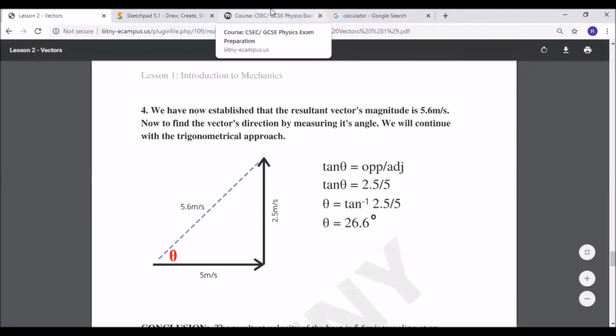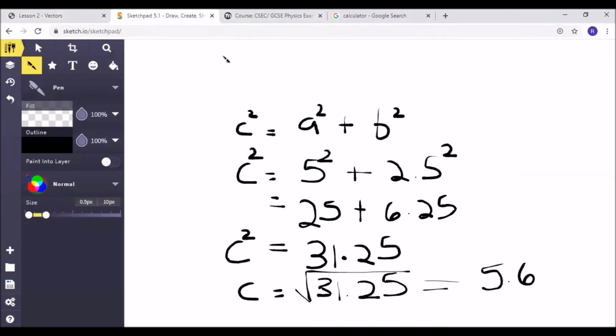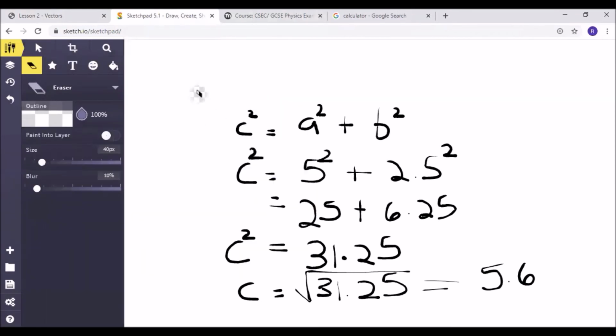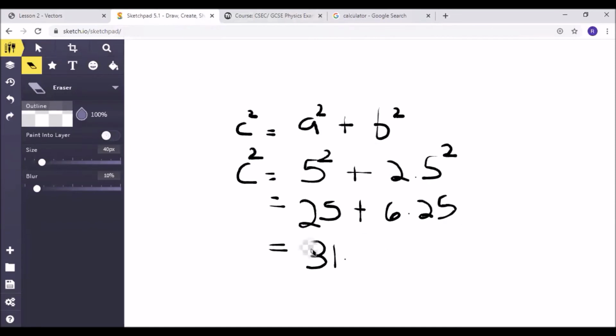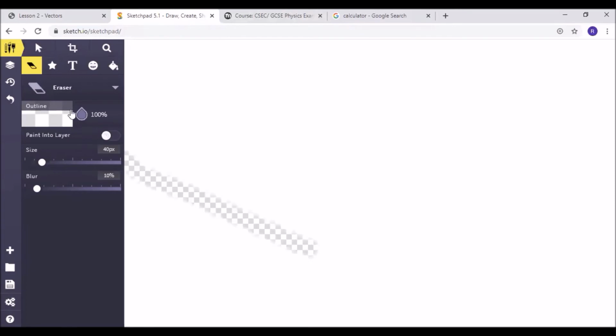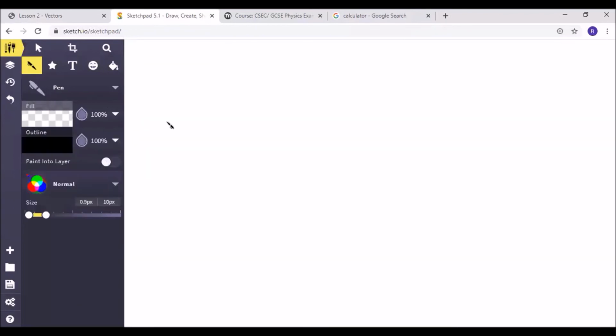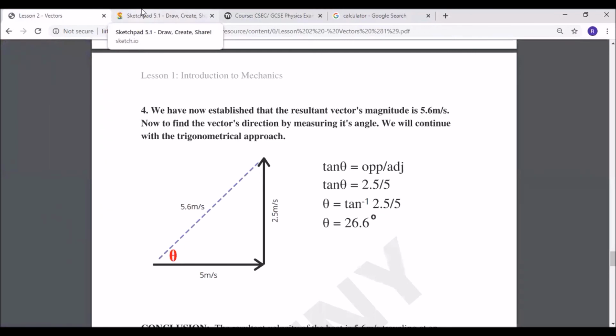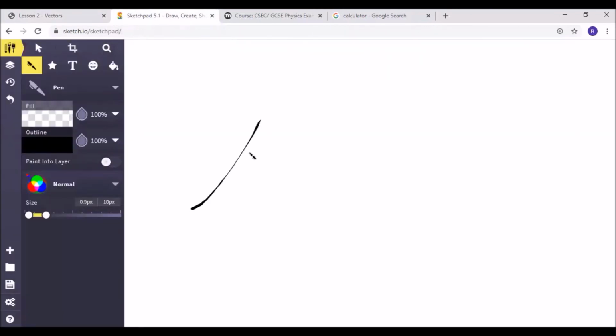Let me actually draw this diagram. So let me get rid of all of this right here. Okay, that's not how we will do it. So let me make some space. Oops. All right. So let's draw this triangle right here. It's not the best, but bear with me.